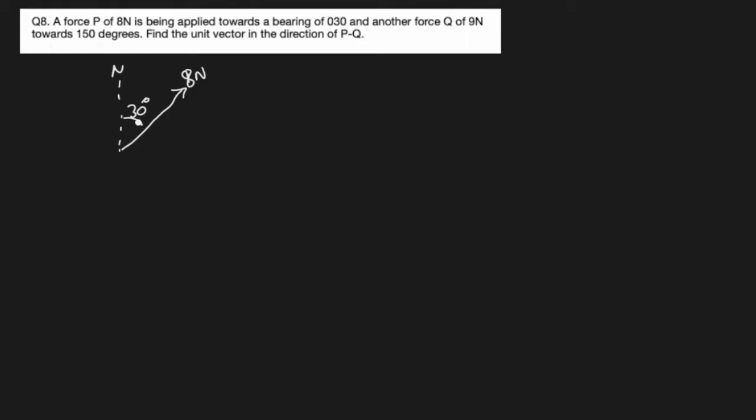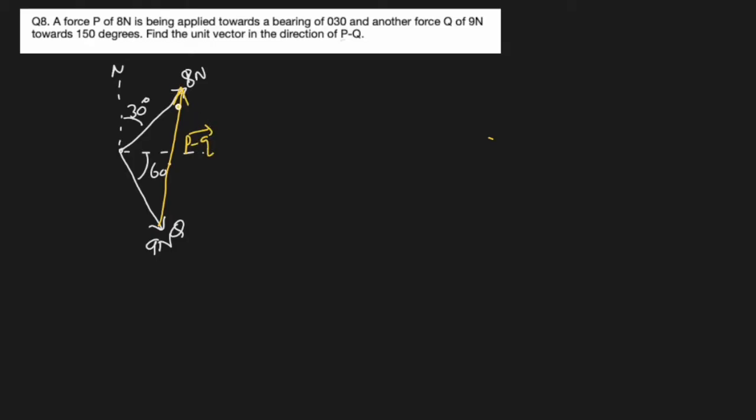So 90 is here, and there will be 60 degrees more than 90, and Q is here. Find the unit vector in the direction of P minus Q.